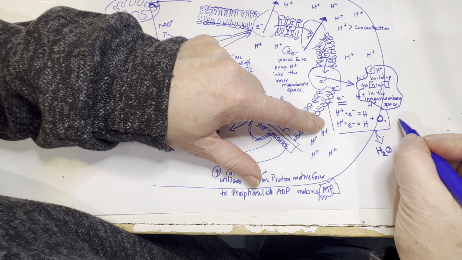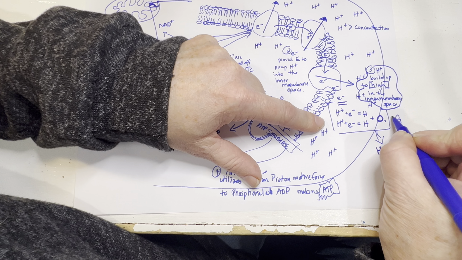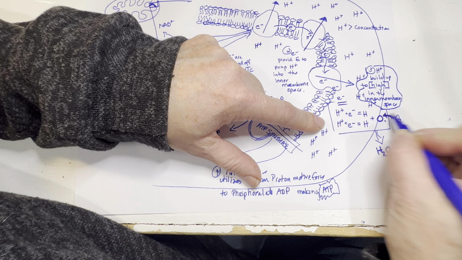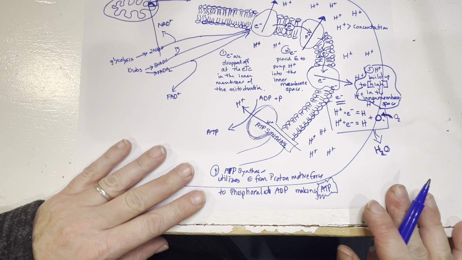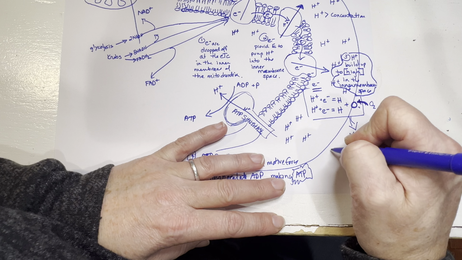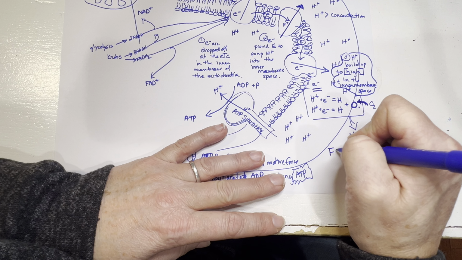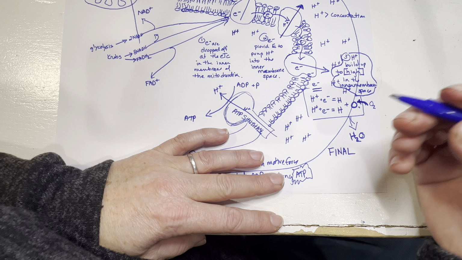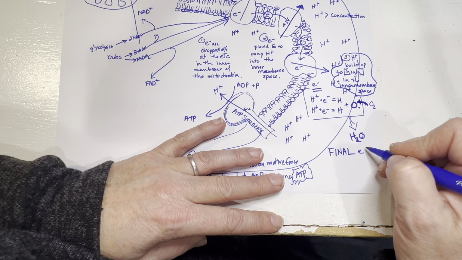And we also talked about the need for oxygen. So our oxygen that we breathe in is being used to pick up electrons at the end of the electron transport chain. And it has a very special name, and that is the final electron acceptor. I hope you can hear a really deep voice in final electron acceptor.